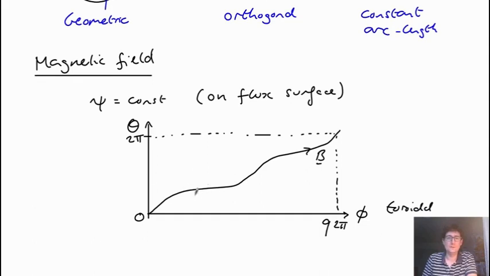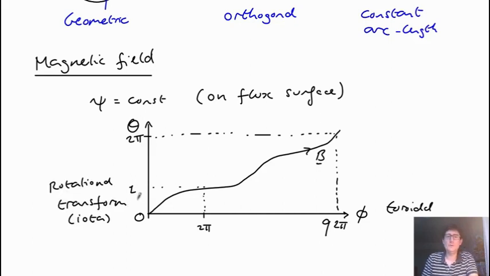And then after, say, a single toroidal turn, so if you've gone 2 pi over here, on average, it will have gone iota in the poloidal direction. So iota is called the rotational transform. It's more often used in stellarator physics, where this is the average poloidal angle that the field line moves after 1 toroidal turn.